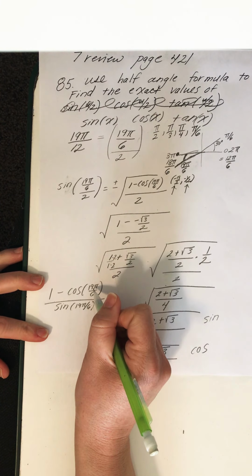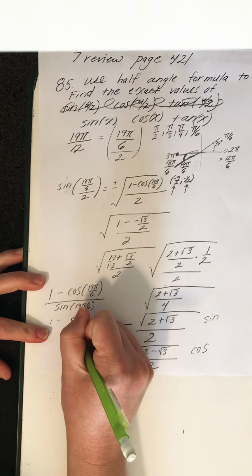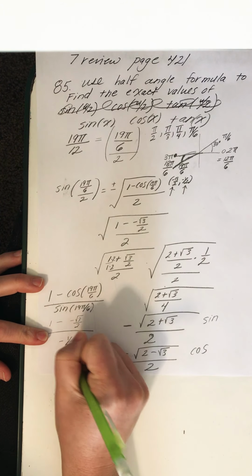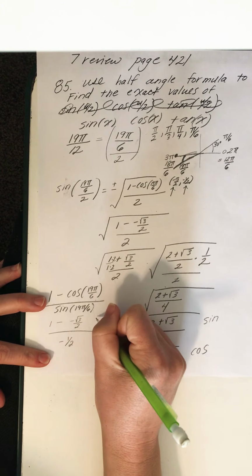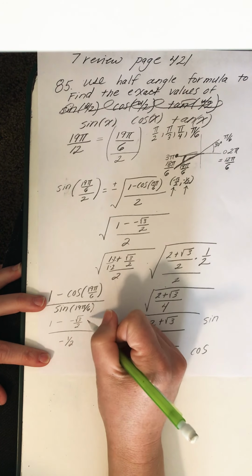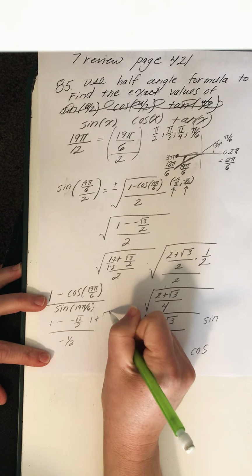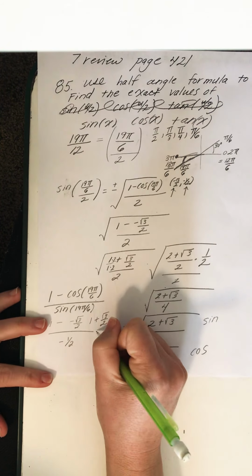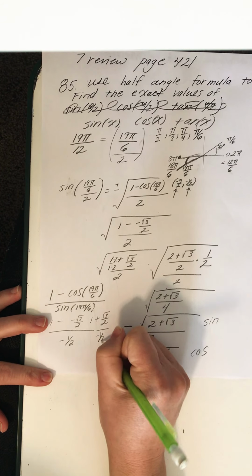This cosine at 19 pi 6, this would have been 1 minus negative root 3 over 2 divided by negative 1/2. So then from there, that would have been 1 plus root 3 over 2 divided by 1/2.